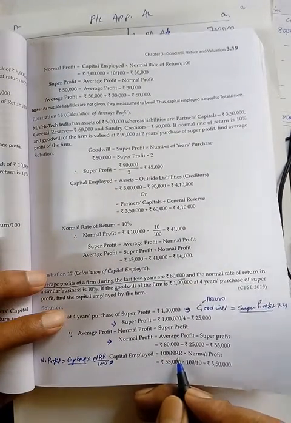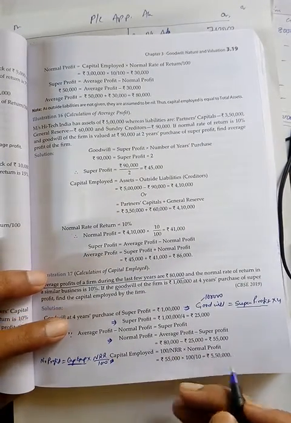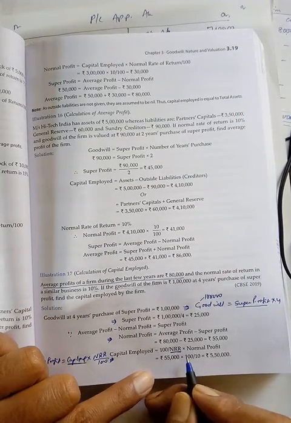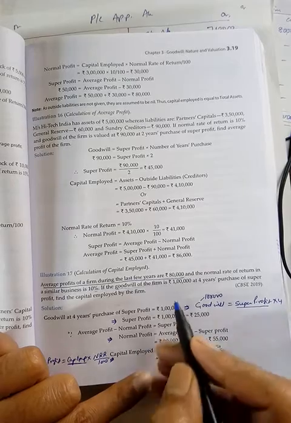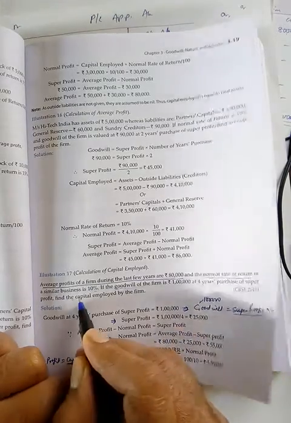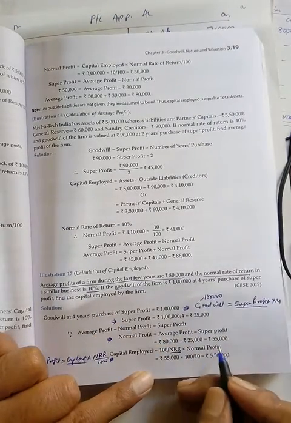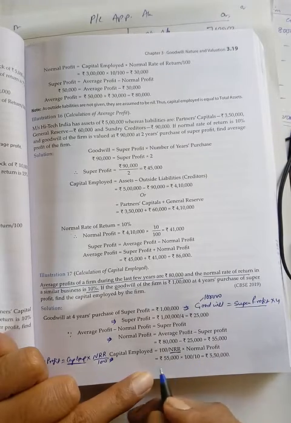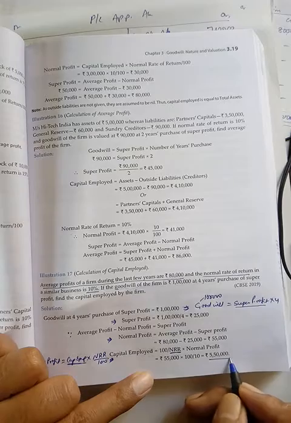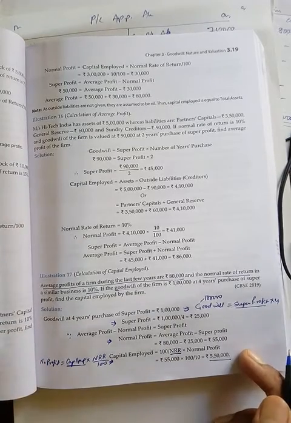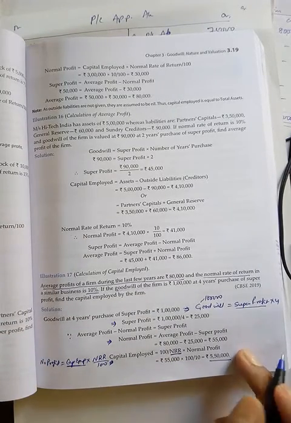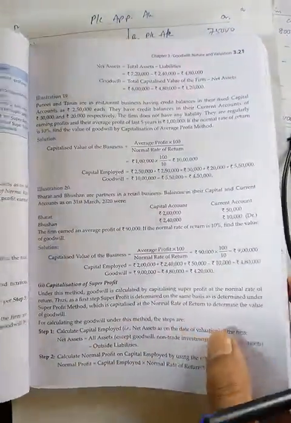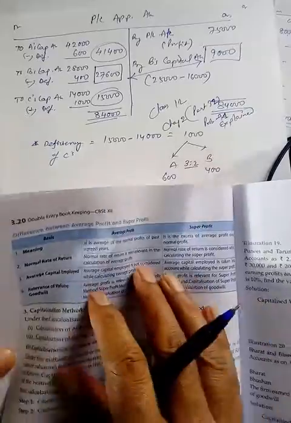NRR, that is normal rate of return, is 10%, and normal profit we have calculated in the last step as 55,000. Therefore capital employed will be 5,50,000. So in this way you are required to calculate the missing figures. The questions are asked in this manner also.